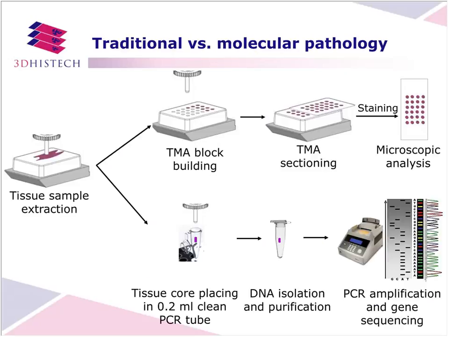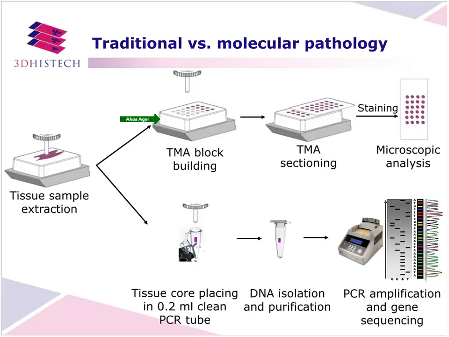Finally, I would like to speak a little about our PCR function. The PCR functionality is a unique feature of our tissue microarrayers. There is no other fully automated tissue microarrayer with PCR function on the market at this time. If you are using this feature, you can simply tell the software to insert the tissue core into a PCR tube instead of the recipient block.